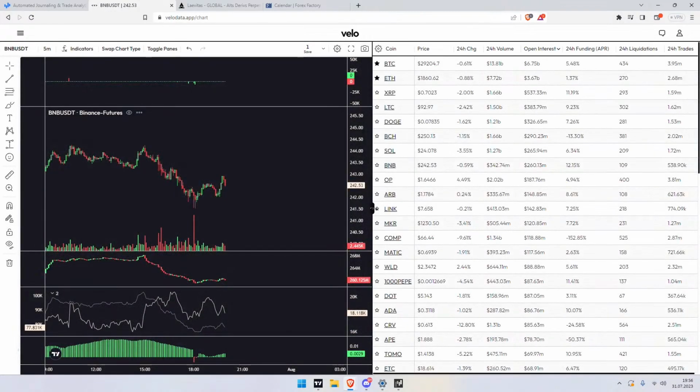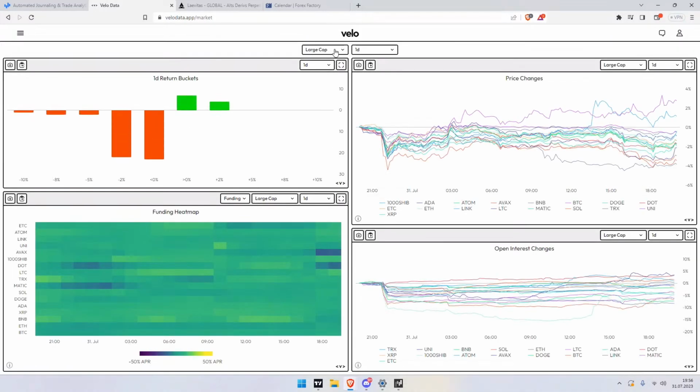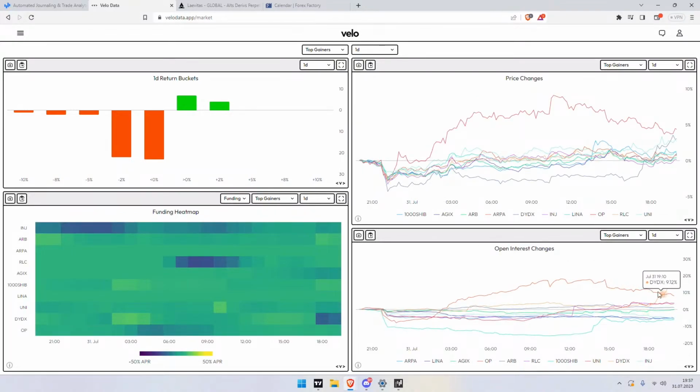Apologies. There is a really nice feature here on Velo though. If you go to market, they made these sections. Bear in mind that they don't have all the coins, they are adding them manually. But basically, you can see top losers, top gainers.